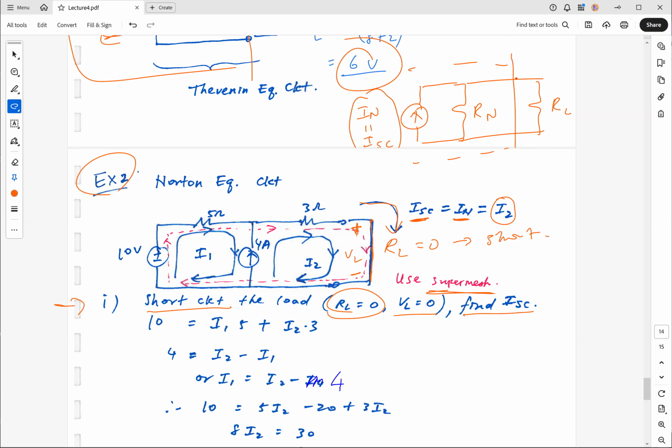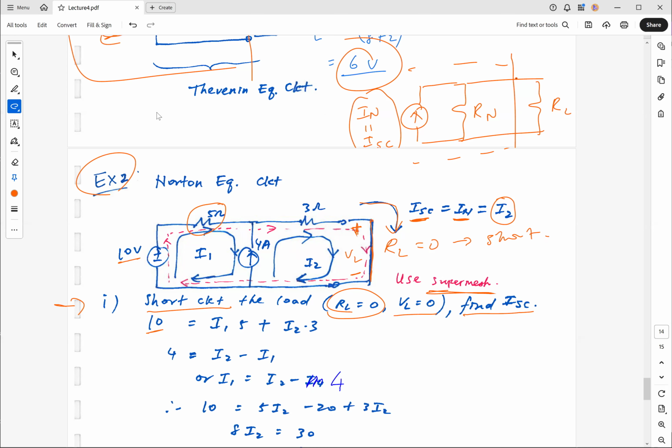Which is fine, because we know how to use supermesh from last time. So I have this 10 volts, and 10 volts is equal to I1 times 5, this voltage drop.